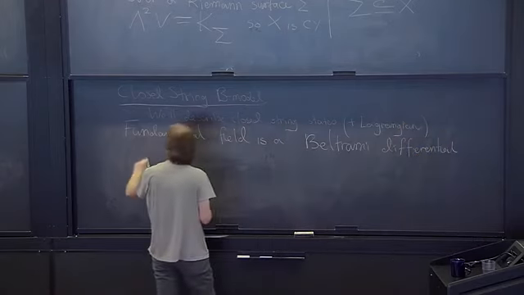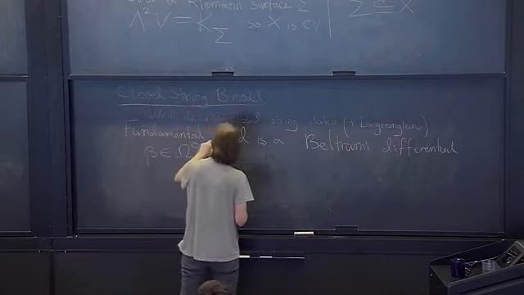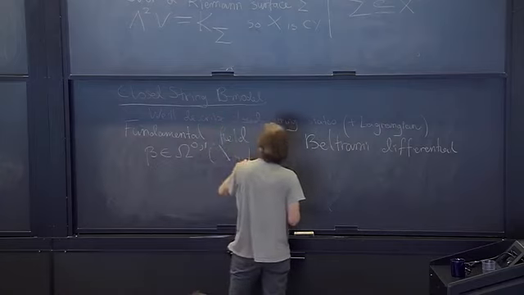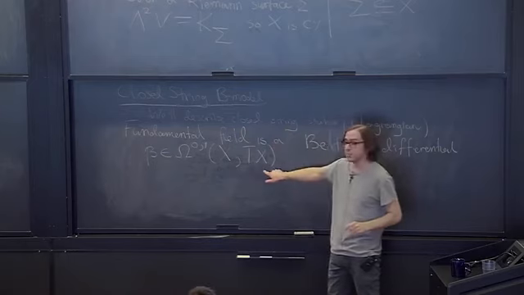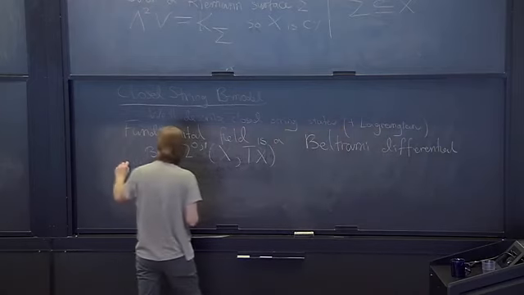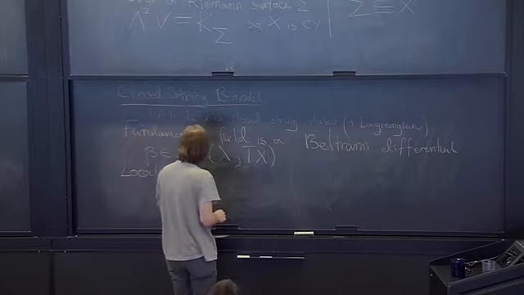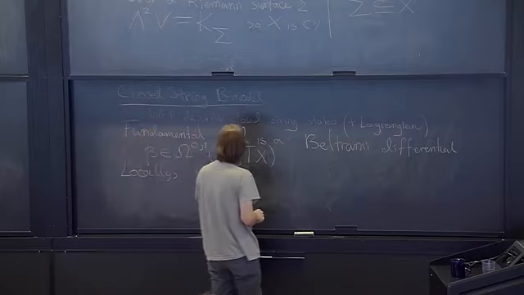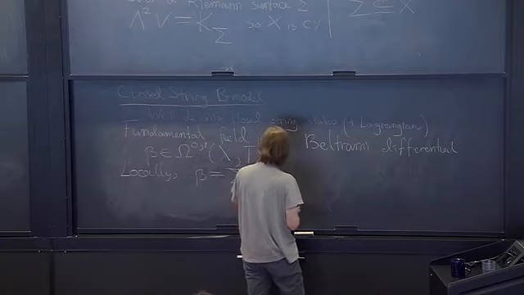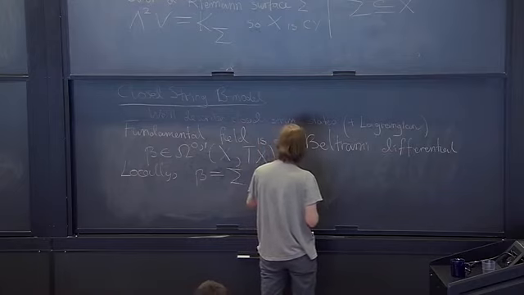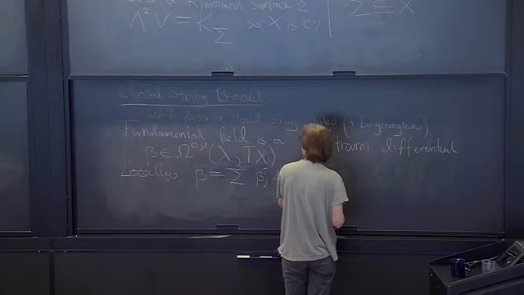Say beta. So it's a (0,1) form with values in the tangent bundle, so that locally you can write beta as some beta^i_{\bar j} d\bar z^{\bar j} \partial_{z^i}.